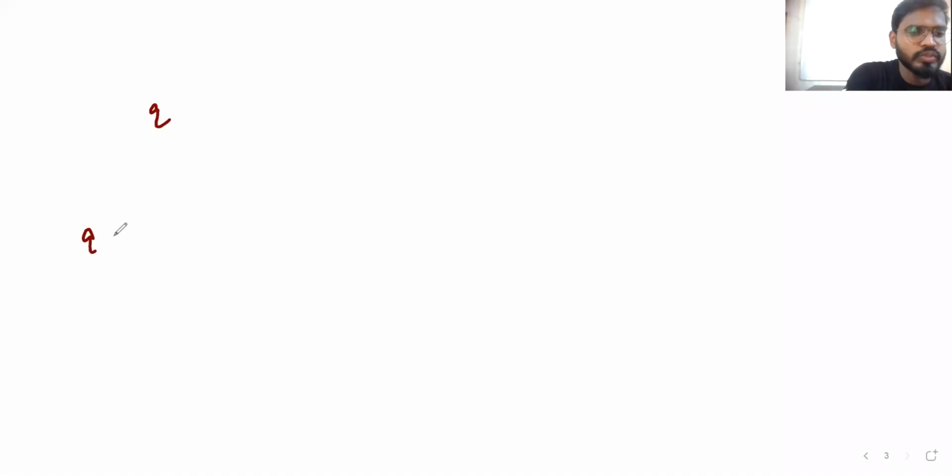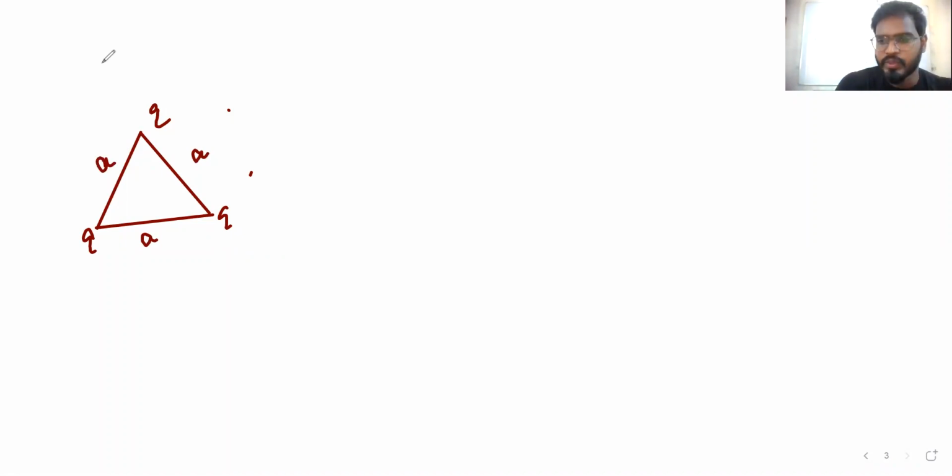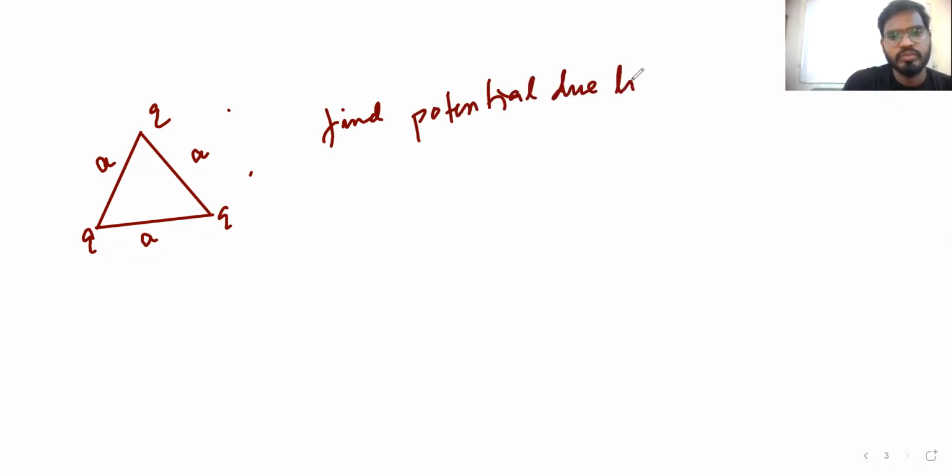So Q, Q, and Q are placed at the vertices of an equilateral triangle of side A. Now they are asking to find the potential due to this configuration. So this question, if you do it, is easy. How? Potential is equal to KQ1Q2 by R.